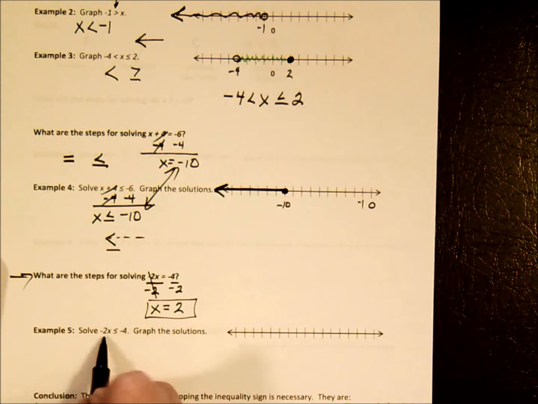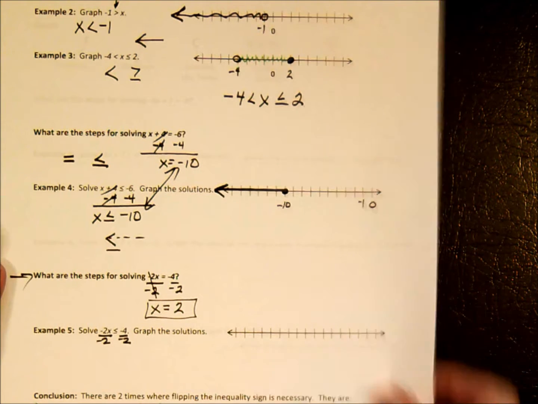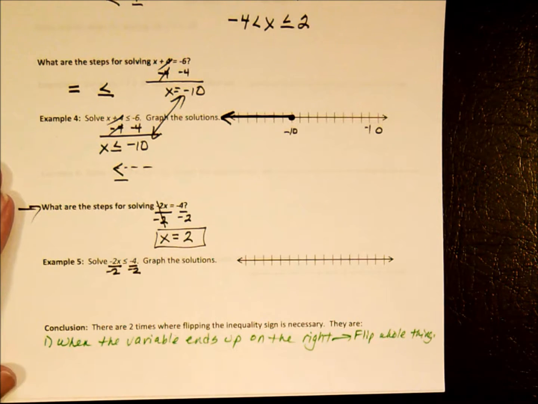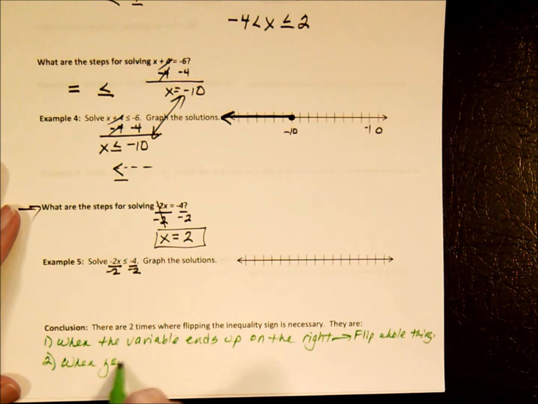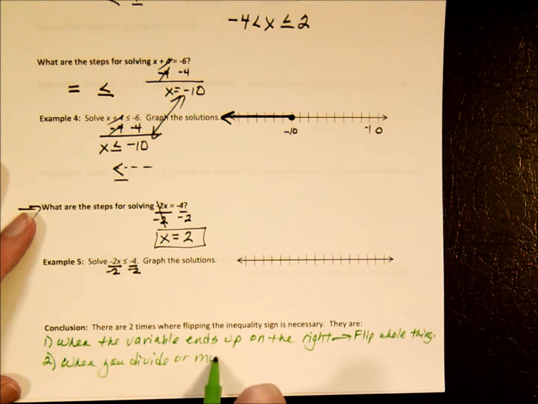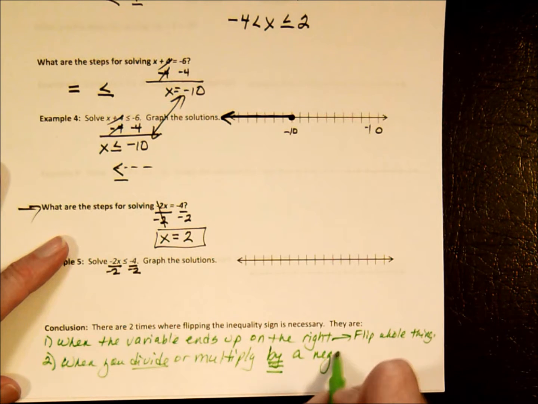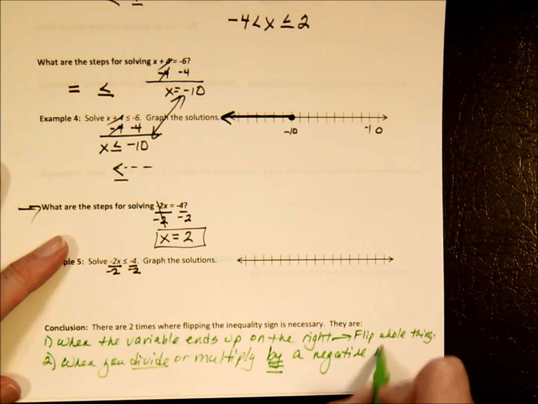We're going to divide both sides by -2, but, and this is important, this is the second time when you have to flip the sign, and that is when you divide or multiply, and it's usually divide, but just know it can be multiplied, by a negative number.